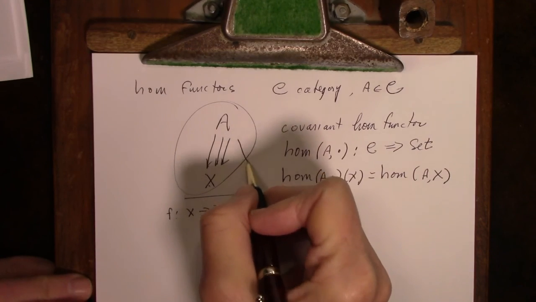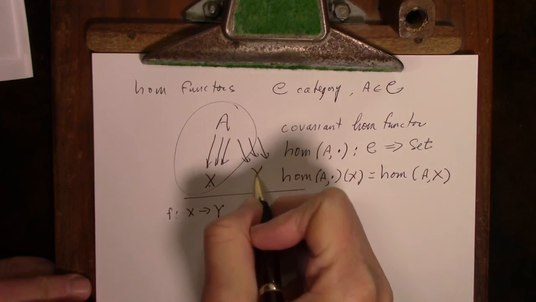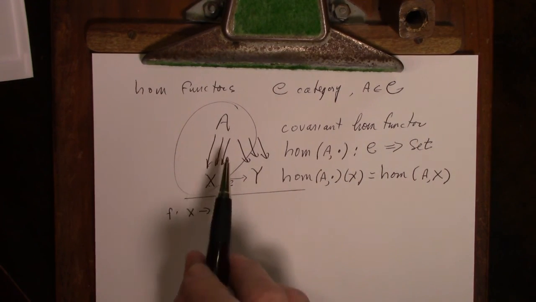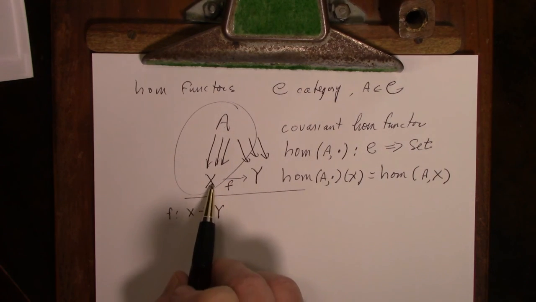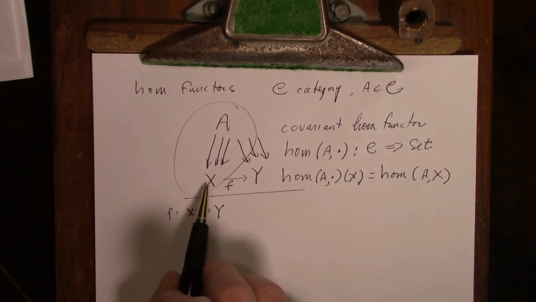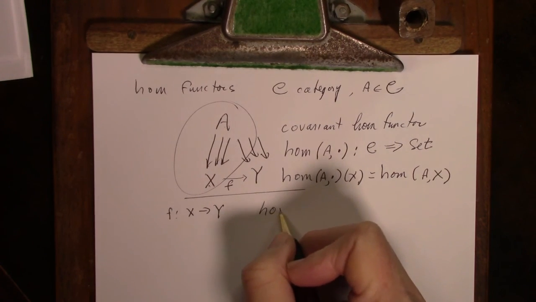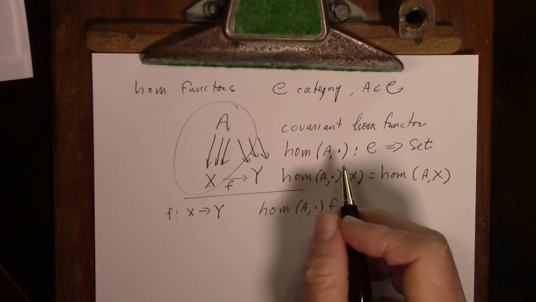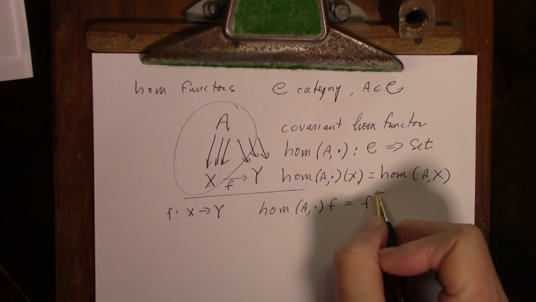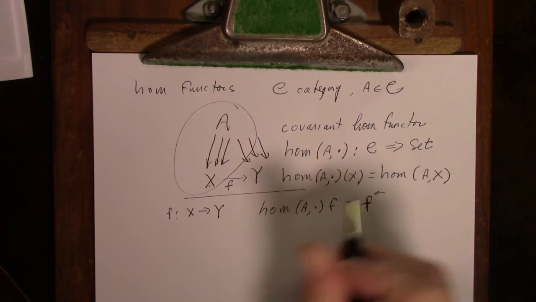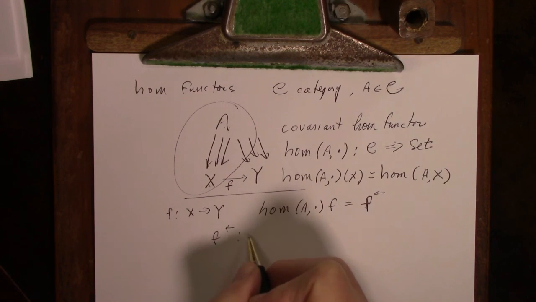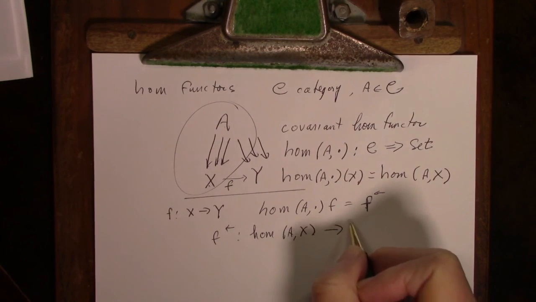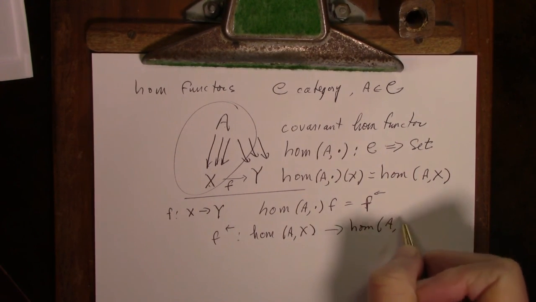So if we complete this picture with a Hom set to Y, then here's our F. How do we turn a Hom set from A to X into a Hom set A to Y, followed by F? Hom(A, ·) takes F to F back arrow. So F back arrow is mapping the image Hom(A, X) to the image object Hom(A, Y).